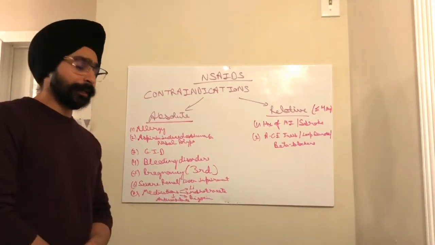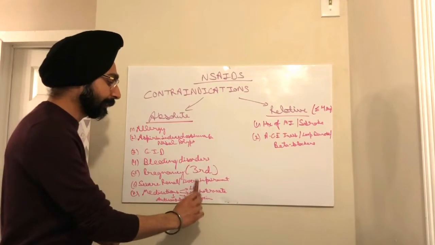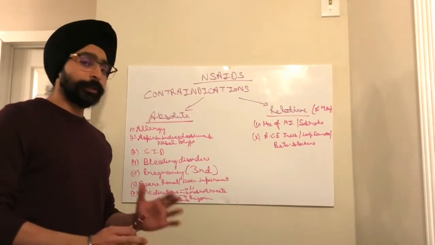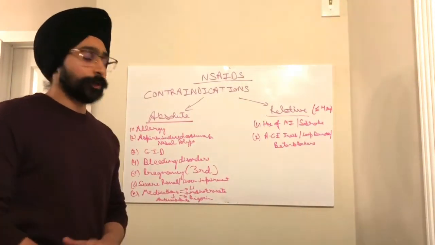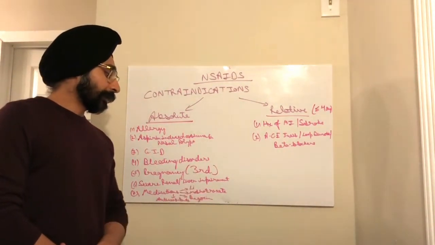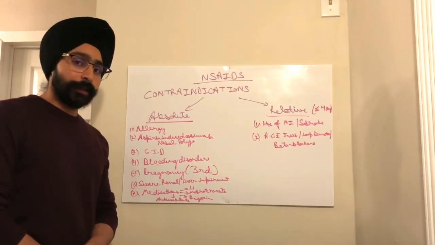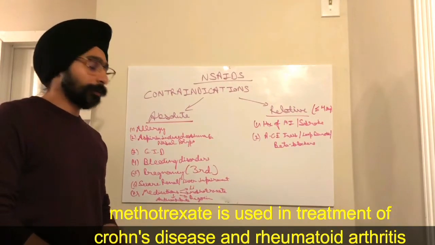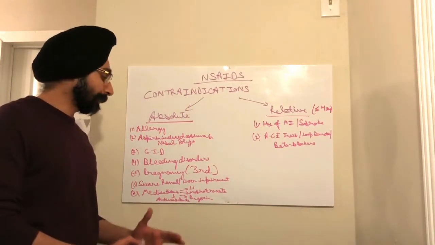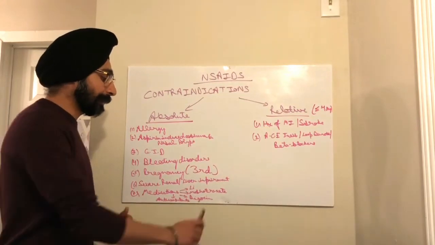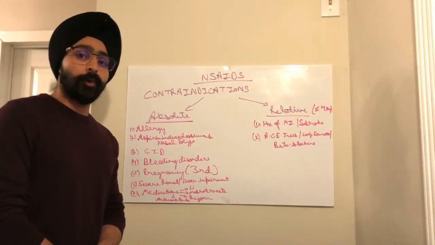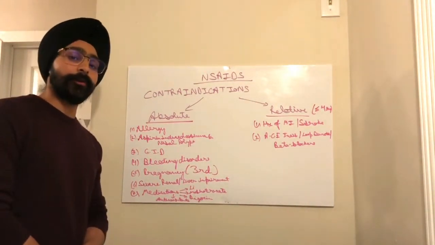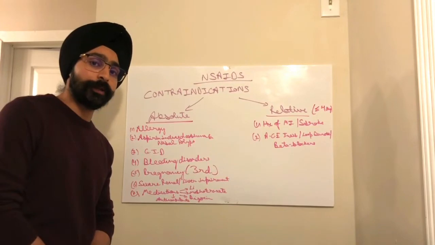If a patient is concurrently taking lithium or methotrexate in the anti-neoplastic dosage, because methotrexate is used in other uses as well, but only when a patient is taking methotrexate in the anti-neoplastic dosage is it contraindicated. Then is digoxin, in older individuals only. And then anticoagulants, for example, warfarin, dabigatran, etc.